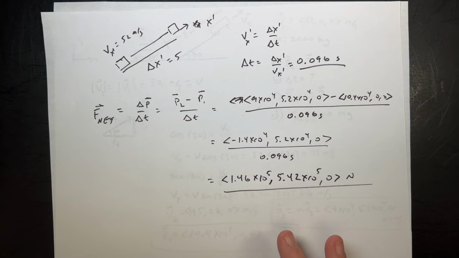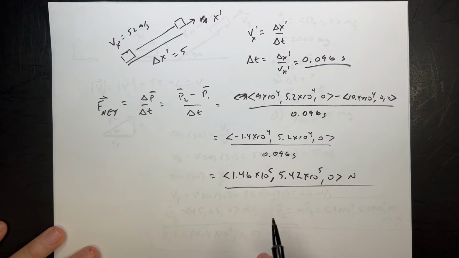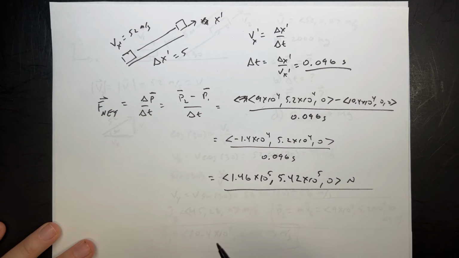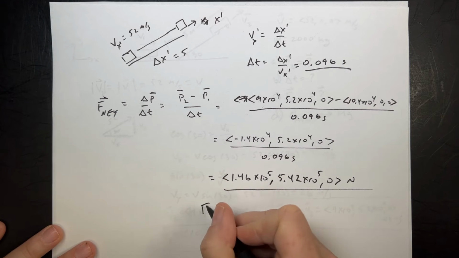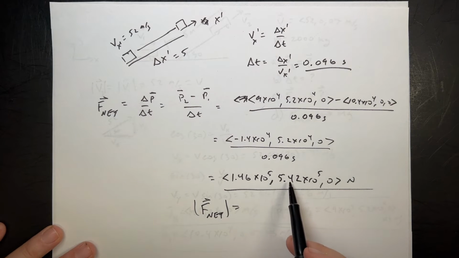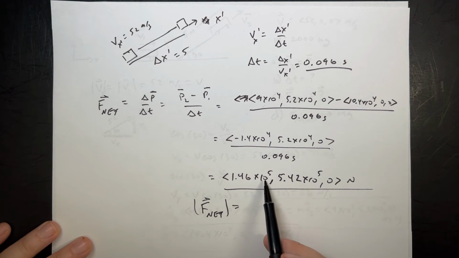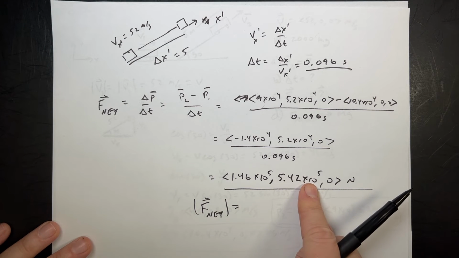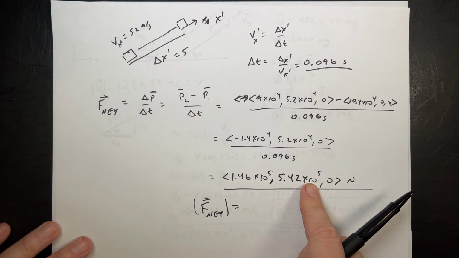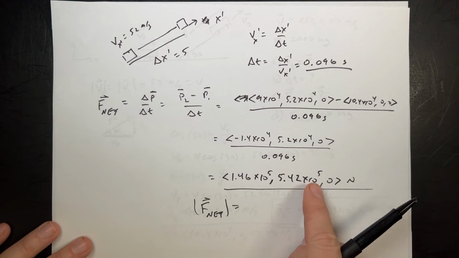Okay, so the next question says, how does this compare to the gravitational force? Let's find the magnitude of this force since it's in two dimensions, but that's not super important. So F net magnitude is going to be this squared plus this squared, square rooted, plus 0. And so the 10 to the fifth is actually going to come out. I can just find the magnitude of this and include 10 to the fifth.